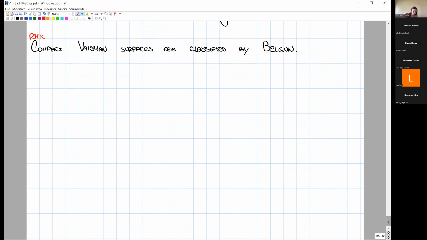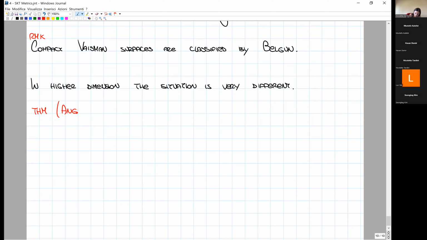But in fact, the general result is much stronger. Because in higher dimension, the situation is very different. So we have this theorem due to Angella and Otal, this year. It appeared on arXiv this year.